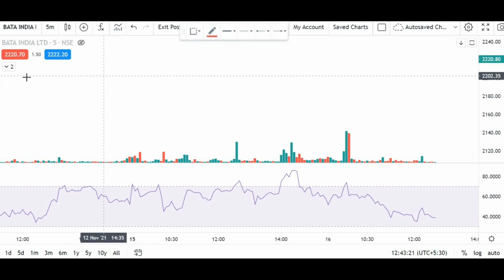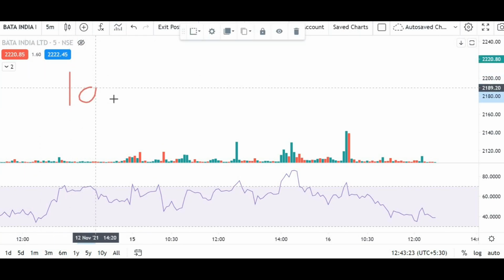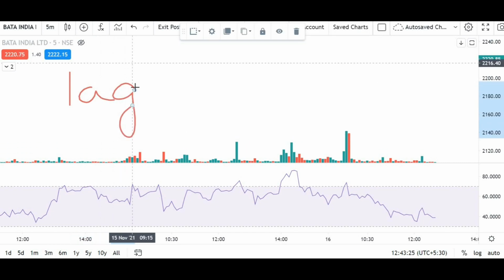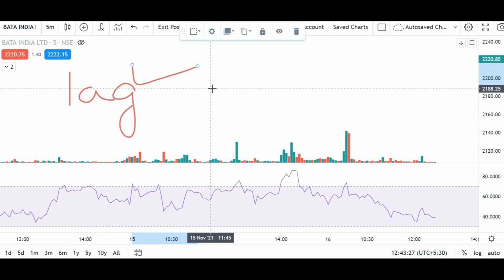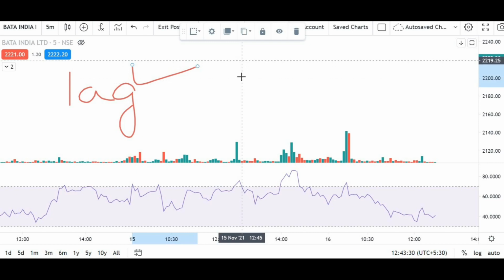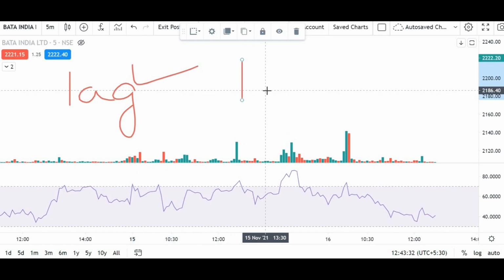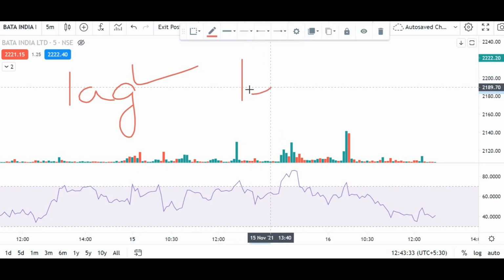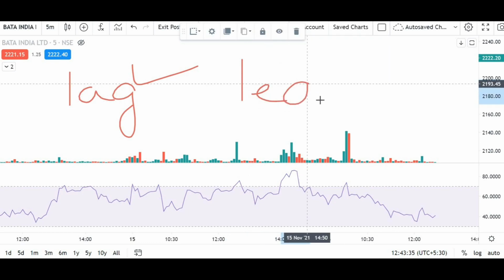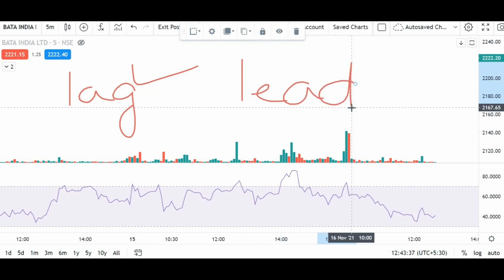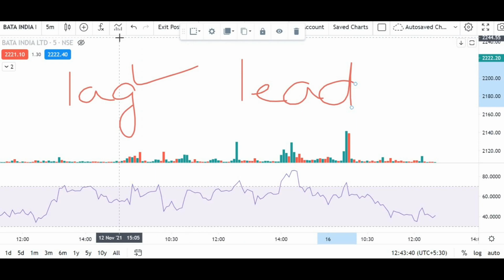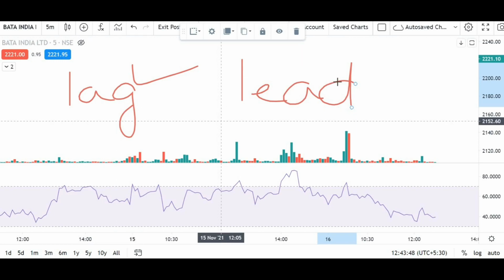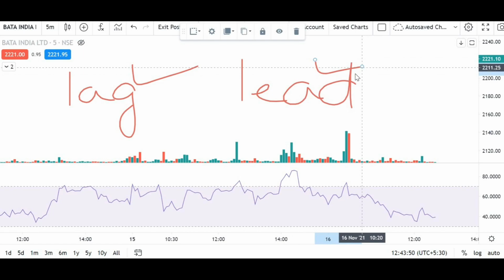Some indicators can give you information earlier, or at the time also. You can say this indicator is a leading indicator. After this class, in another video, I will tell you which indicators are lagging and which are leading indicators.